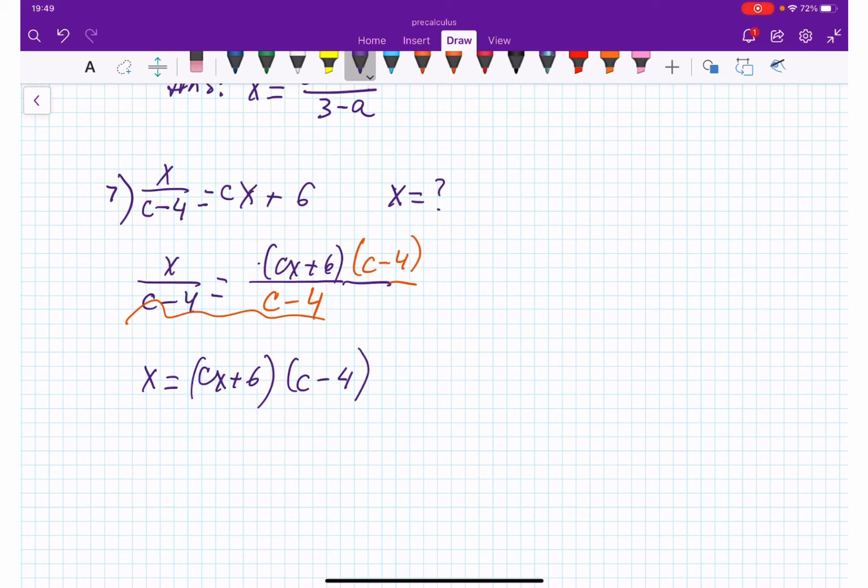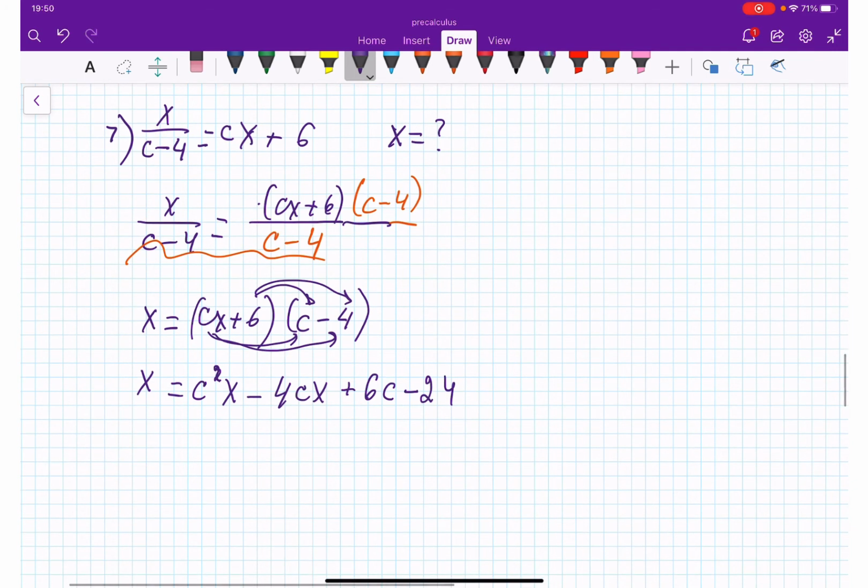So from here we are getting cx times c, it's going to be c squared x. cx times negative 4 is negative 4cx. 6 times c, it's going to be plus 6c. 6 times negative 4, it's going to be negative 24.